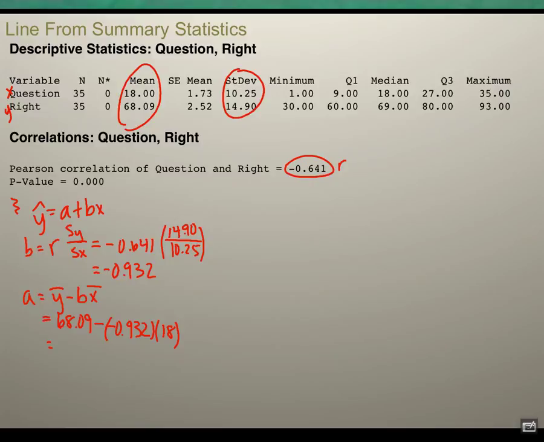So this ends up being 84.86. So we end up with Y hat equals 84.86 minus 0.932x. Do you guys remember that you have to define x and y? So x in our case is question number, y hat is predicted percentage correct. You have to make sure that when you define y, you define it as something that is predicted.